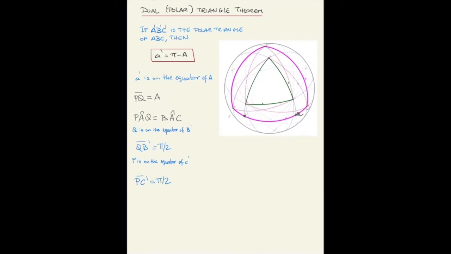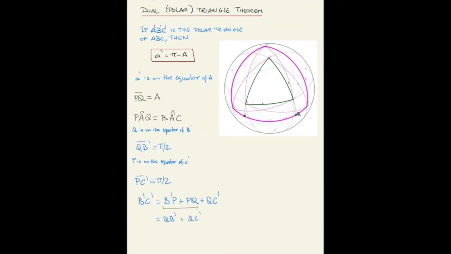Now, by geometrical construction, this arc B prime C prime is equal to B prime P plus PQ plus QC prime. So we can group together B prime P plus PQ as QB prime.